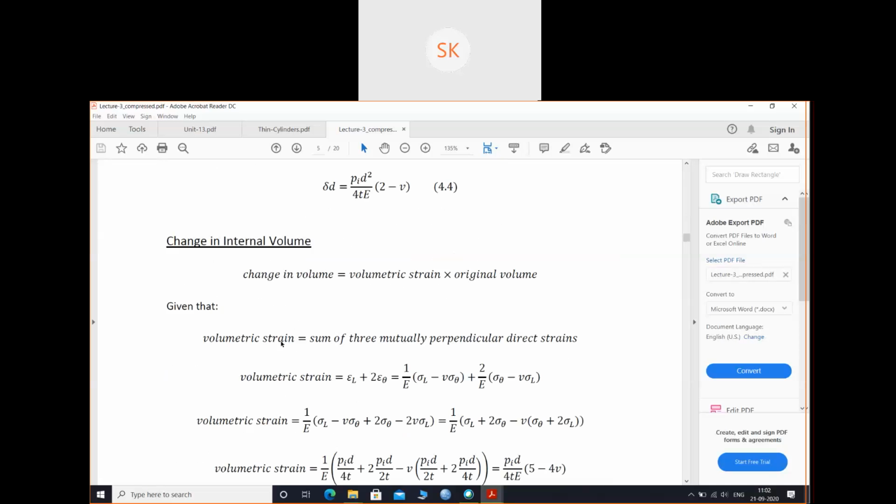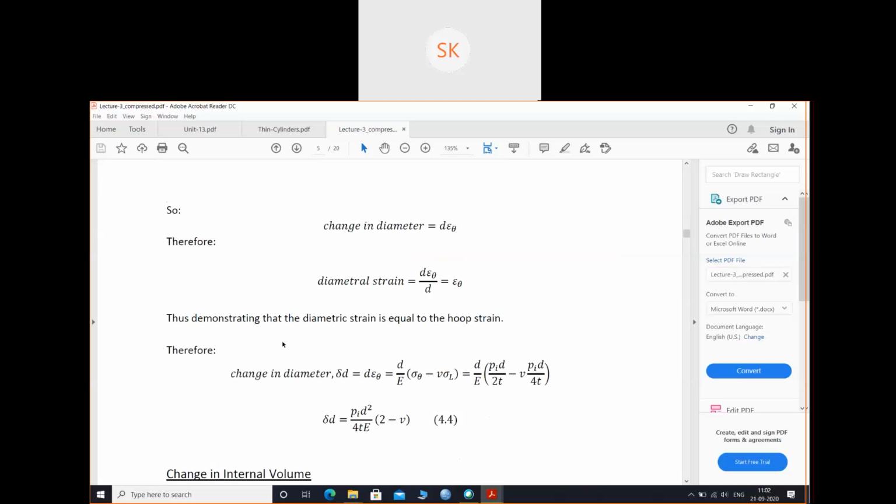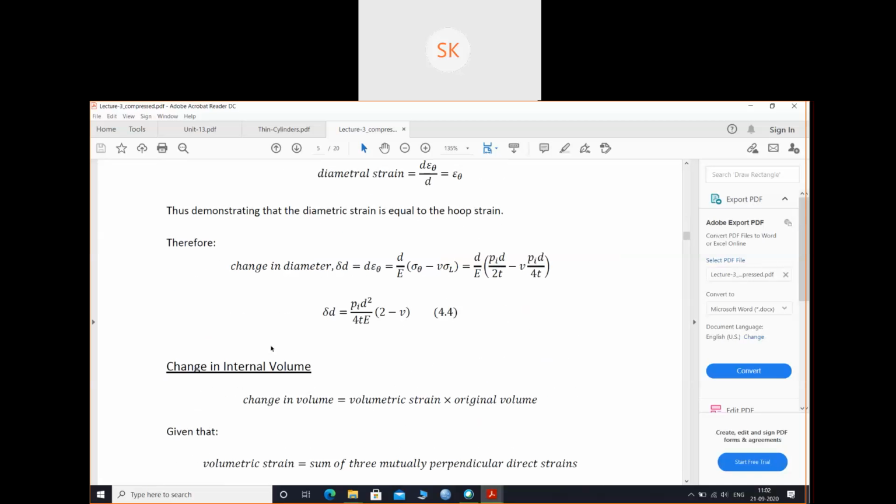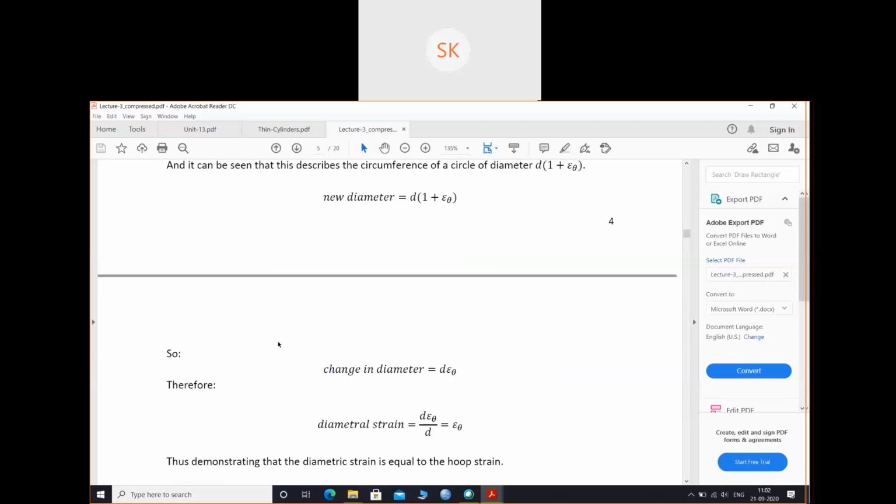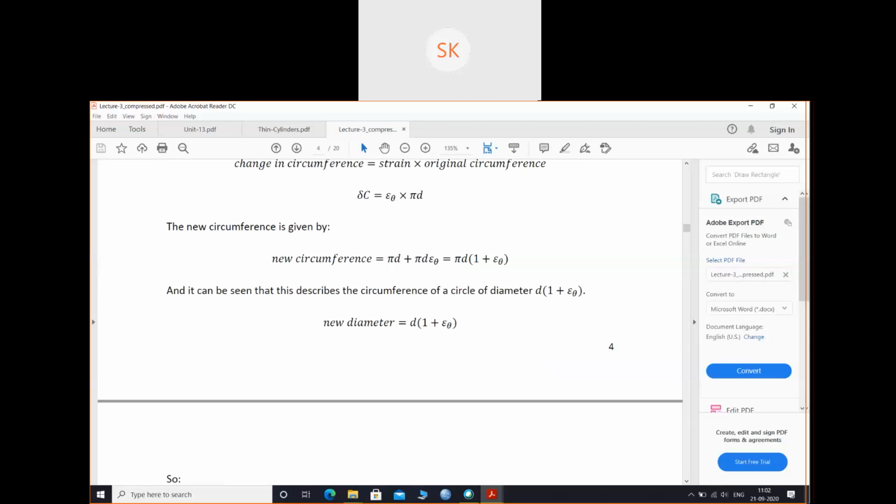Right? We saw what hoop stress and longitudinal stress can produce: strain in volume, diameter, and length.